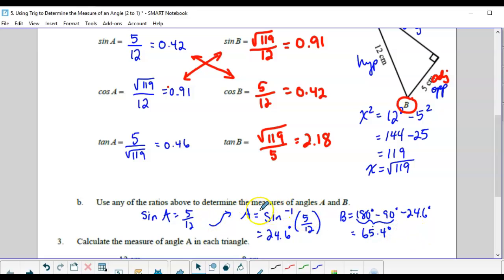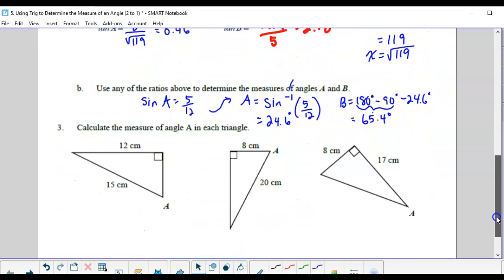Okay, so that's the biggest thing. Some calculators, if you don't see the word sine on your calculator when you press that button, then you need to put 5 divided by 12 first, then your second key, then your sine key. Okay, so it depends on your calculator.